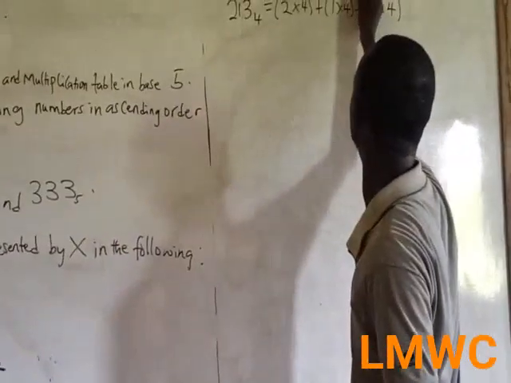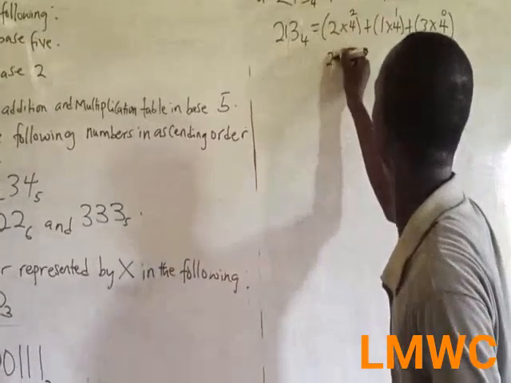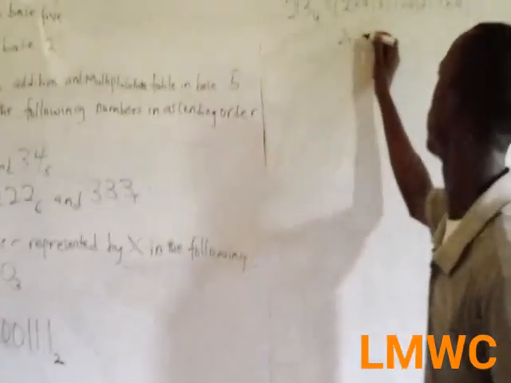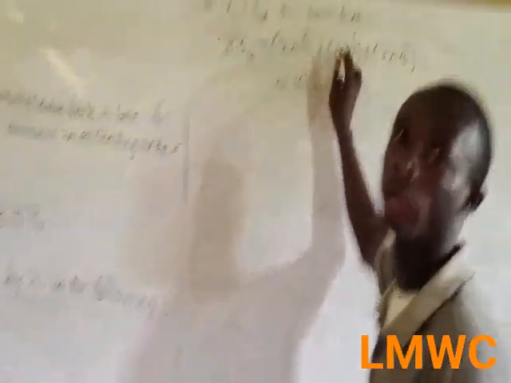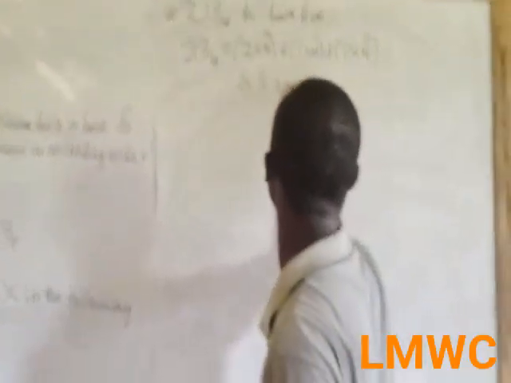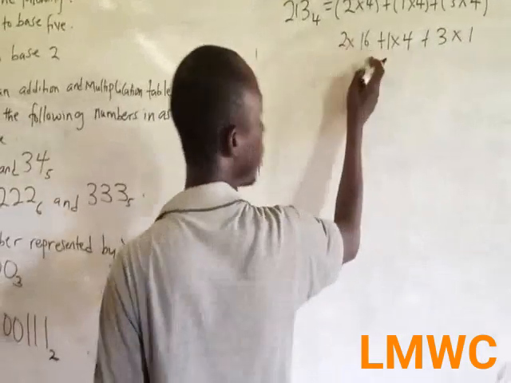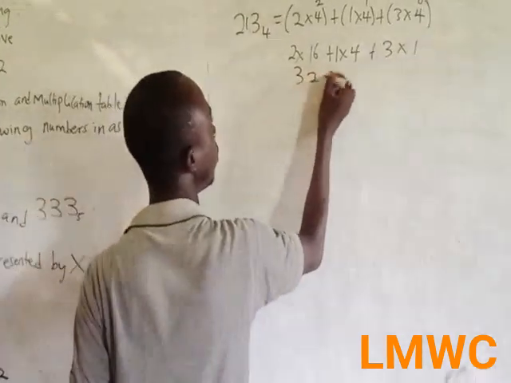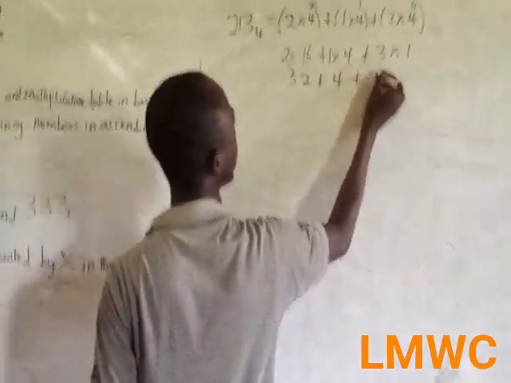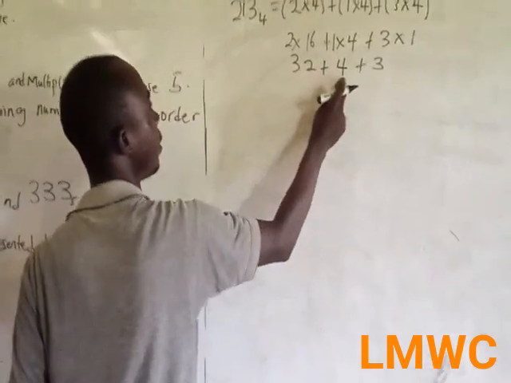So 0, 1, 2. 2 times 4 raised to the power 2 is 16 plus 1 times 4 raised to the power 1 is 4 plus 3 times 1. 2 times 16 we have 32 plus 4 plus 3. So this plus this is 36 plus 3 we have 39.